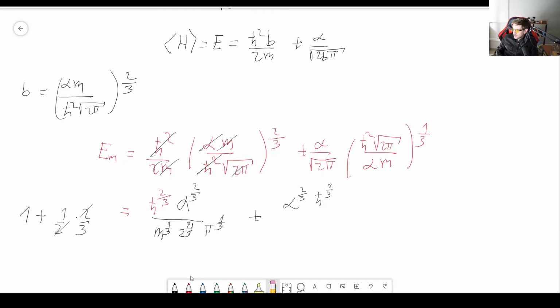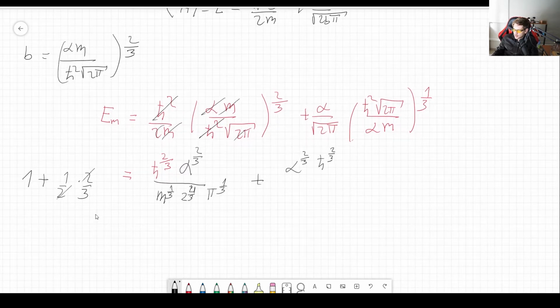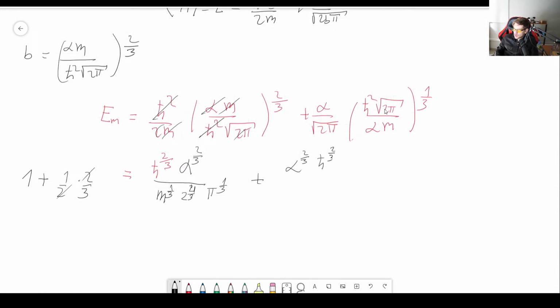But okay, maybe let's do this on the side as well, just to make sure we get it right. So we have 2 pi to the 1/2. We have 1/2 times 1/3 upstairs. And then we have 1/2 downstairs. We need to subtract 1/2. So basically we can factor out 1/2, and this will be 1/3 minus 1, which is going to be minus 2/3.